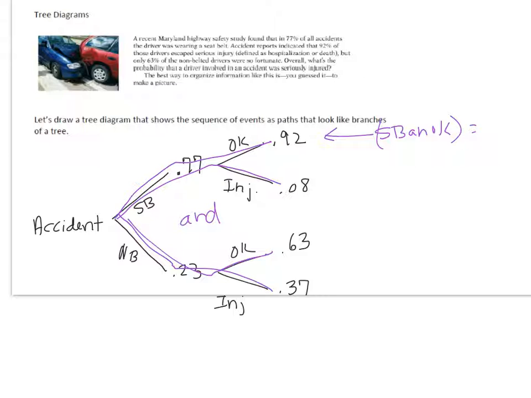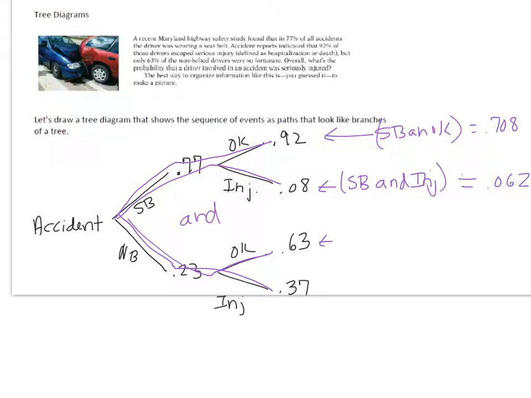So 0.77 times 0.92 is 0.708. So the likelihood of you being in the accident with the seatbelt on and ending up okay, 0.708. For this one, this would be the probability of seatbelt and injured, and that would just be the product of 0.77 and 0.08, which would be 0.062.